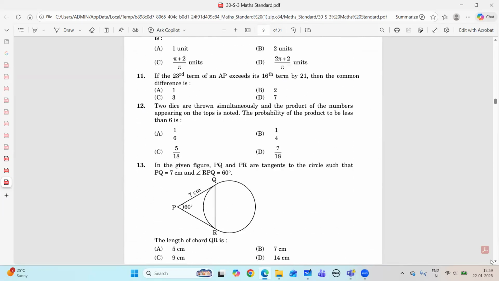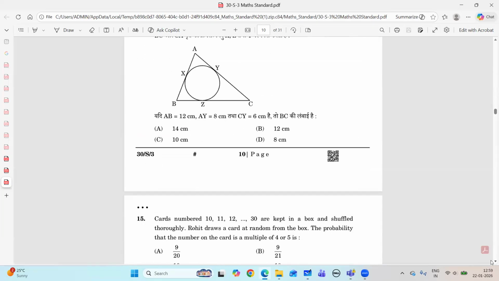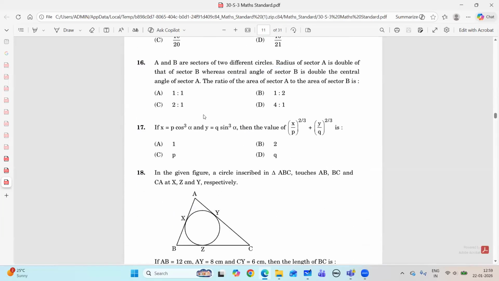Question number 15. So the answer is C, right? Radius of capital A is double the radius of capital B. For capital B, we have taken radius small r. So for capital A, radius becomes 2r.